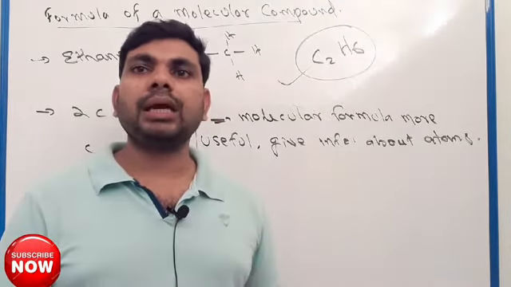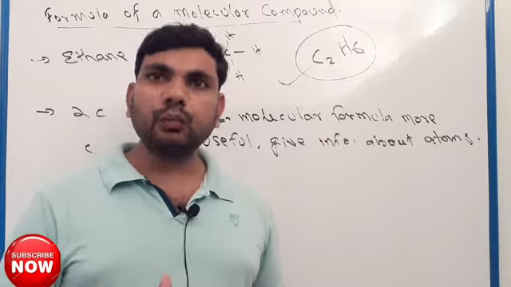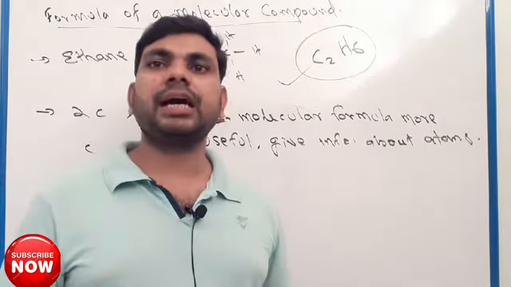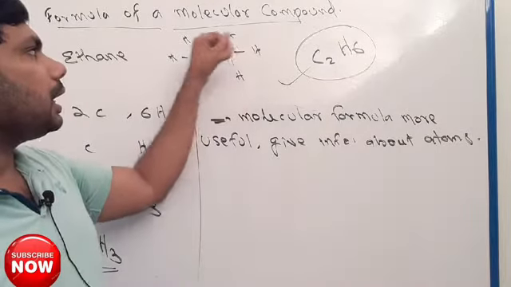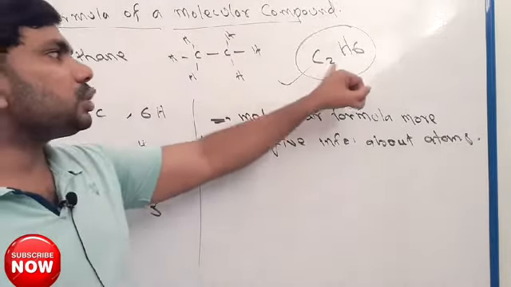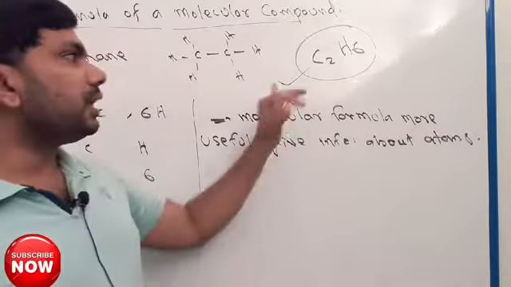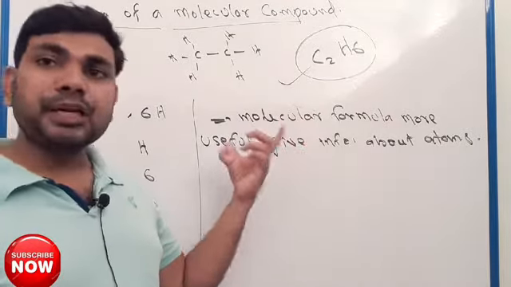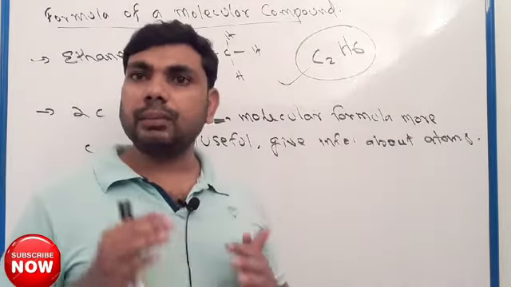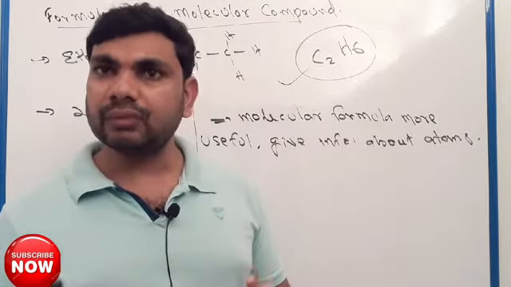So here we can understand ethane contains 2 carbon and 6 hydrogen, C2H6. So this is the final formula. So here the molecular formula is better than the empirical formula. Here molecular formula means final formula.